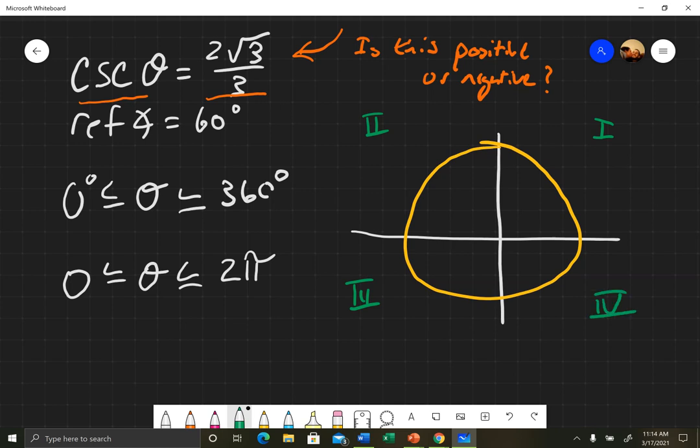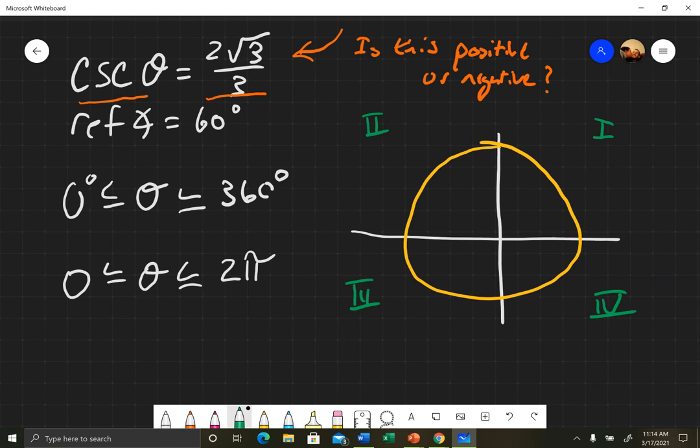We need to know the cosecant. Which trig function is that related to? We have three trig functions that we use pretty regularly: sine, cosine, and tangent. And we need to know, is the cosecant related to which one of those? Well, we should know at this point that the cosecant is the inverse of the sine function. Okay, so that's the inverse of the sine function.